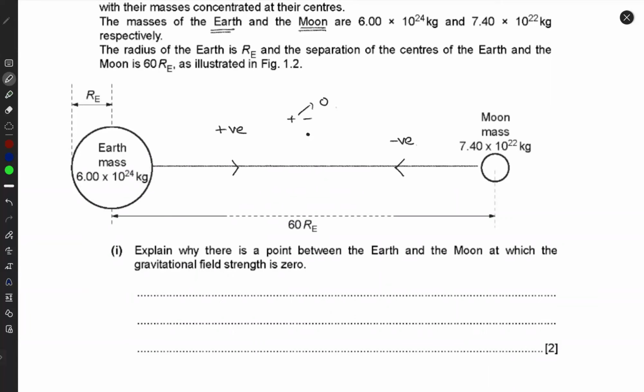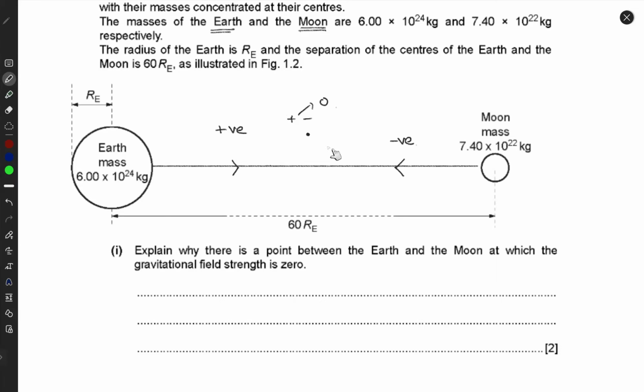And we'll write it in terms of RE, which is the radius of the Earth. So we don't have to put in the value of the radius of the Earth. We'll just give our answer in terms of this value. So we don't have to do the heavy mathematics, really. It's just putting in the values, but we don't have to do that.